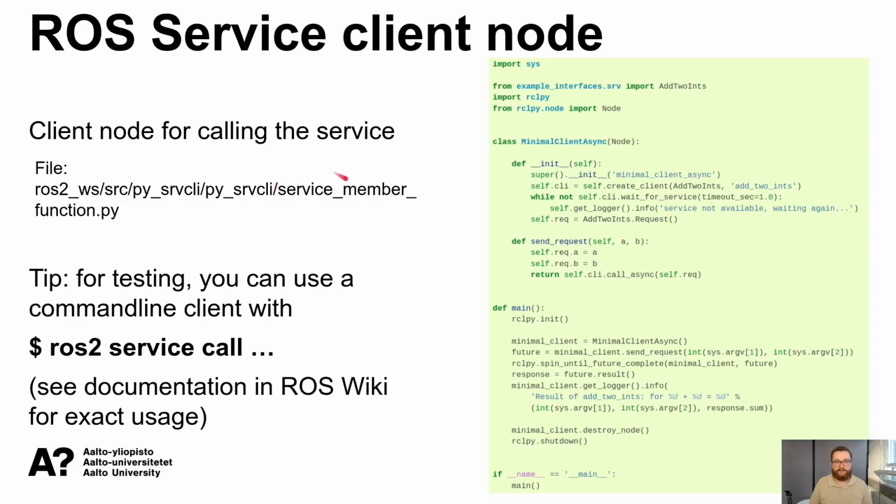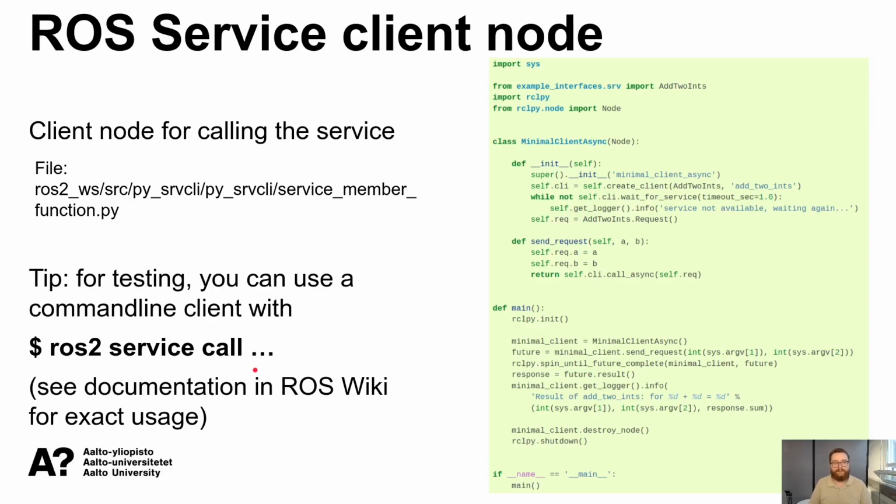Here we are naming the file service_member_function.py, within our py_srv_cli package. Again, the actual code is provided here. As a tip for testing that is often convenient in ROS development, instead of creating your specific client node, you can also use this very simple command line interface for calling a service.